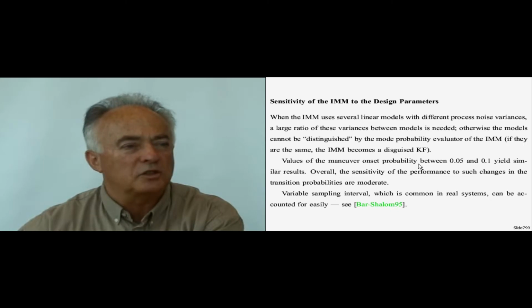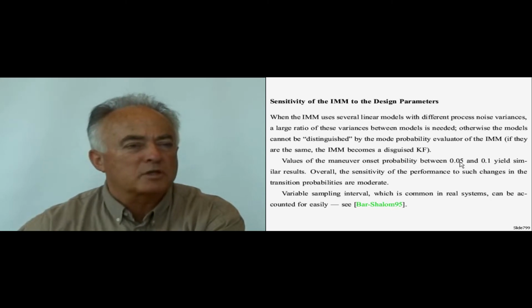Now, the jump probabilities in the Markov chain, that's the maneuver onset probability, the 1-2 term in the Markov chain transition matrix, can be 5% or 10%, and we get pretty much the same results. Overall, the sensitivity of the performance to such variations in the transition probabilities is moderate.